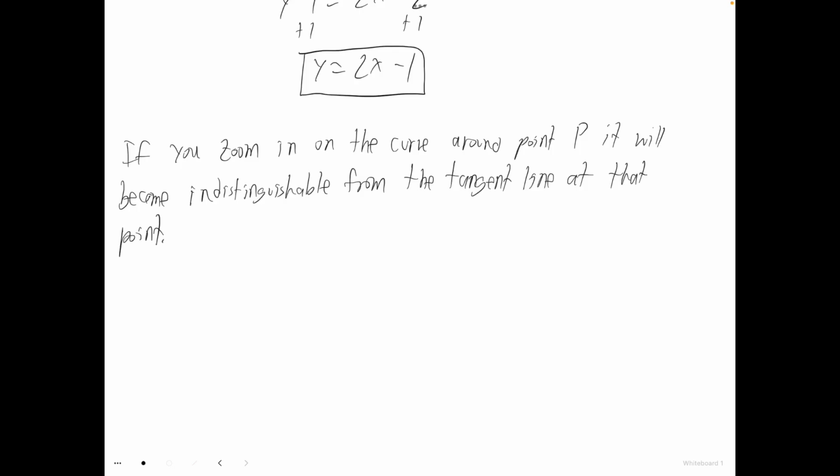So if you just zoom in on the graph really close, the tangent line and the curve itself will essentially look exactly the same at that point. And so that's why this is sometimes called the slope of the curve.